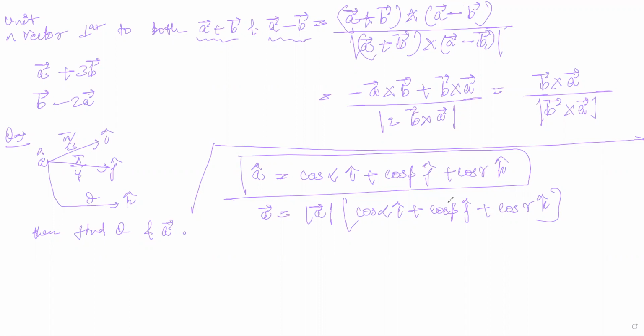A dot B is 0, tell me all the reasons how A dot B can be 0. A dot B can be 0 if either of the vectors is 0 or when theta is 90 degrees. Correct. A cross B is 0 when either of the vectors is 0 or theta is 0 or 180.